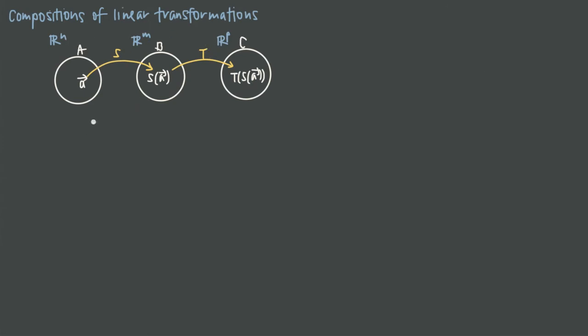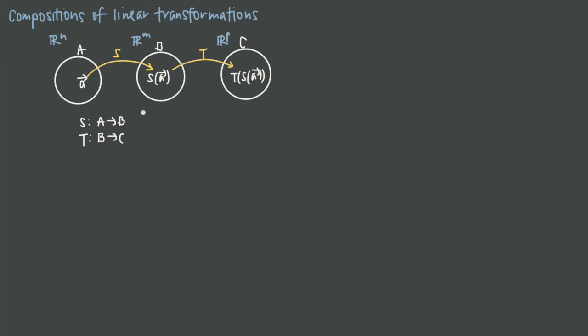But the idea here is that the transformation S moves vectors from the space A to the space B, and then the transformation T takes those results and moves them from B over to C. If we want to express those transformations together as one consolidated, combined transformation, we call that the composition, and that's the composition of T with S.